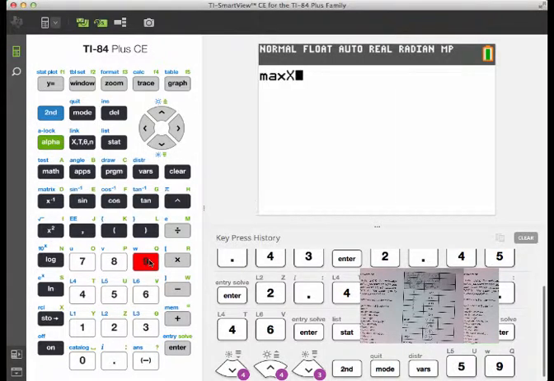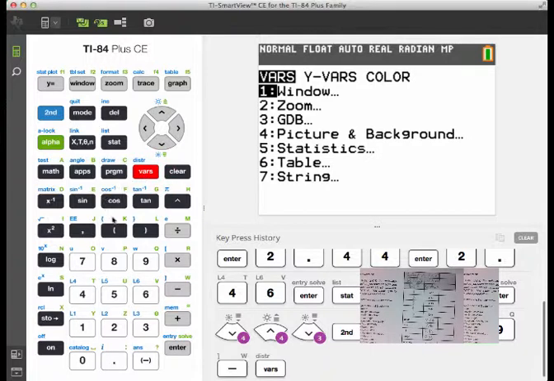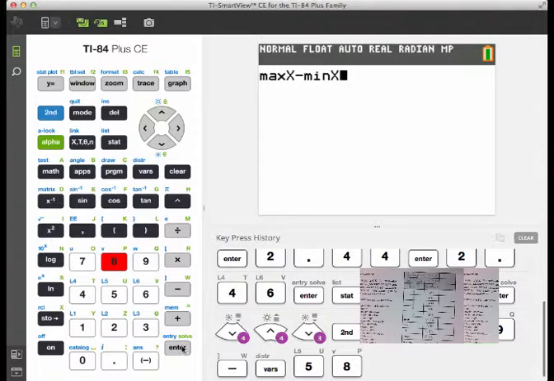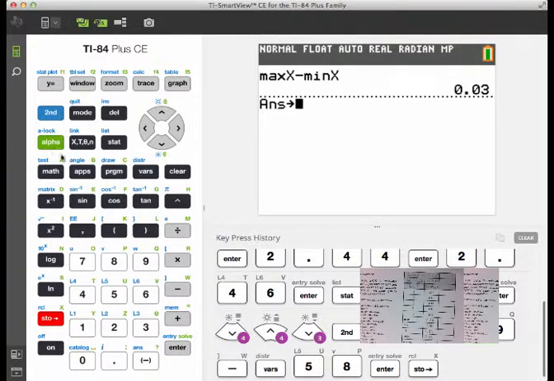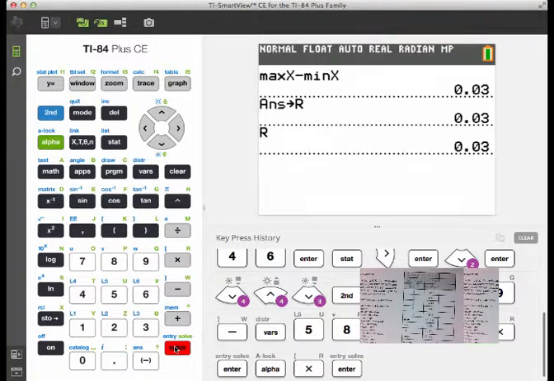So if I choose max minus vars statistics min, that's going to give me the range, 0.03. Now I may want that again, so I'm going to store it as R. And R is right there, so I hit alpha R, enter. And now whenever I press R, I can get that value.